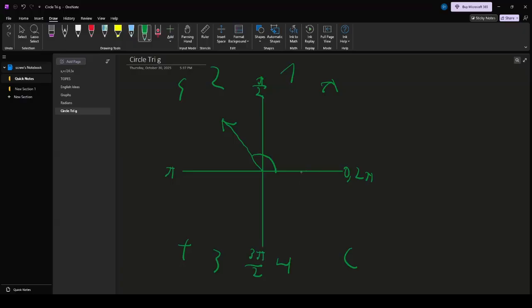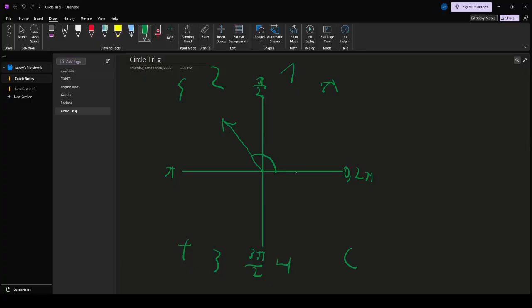You might also remember that this applies when the terminal arm is rotated counterclockwise, but when it goes clockwise, you get negative angles. So this would be negative 90 or negative pi over 2, negative pi, negative 3 pi over 2, negative 2 pi.